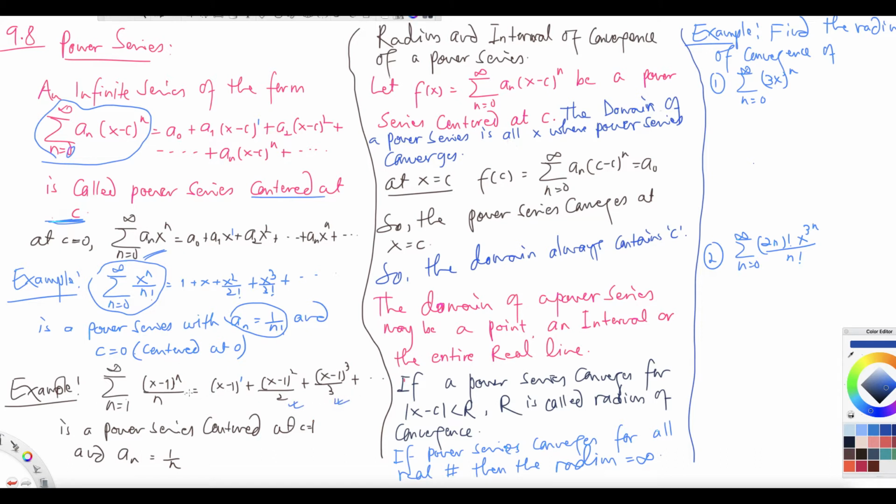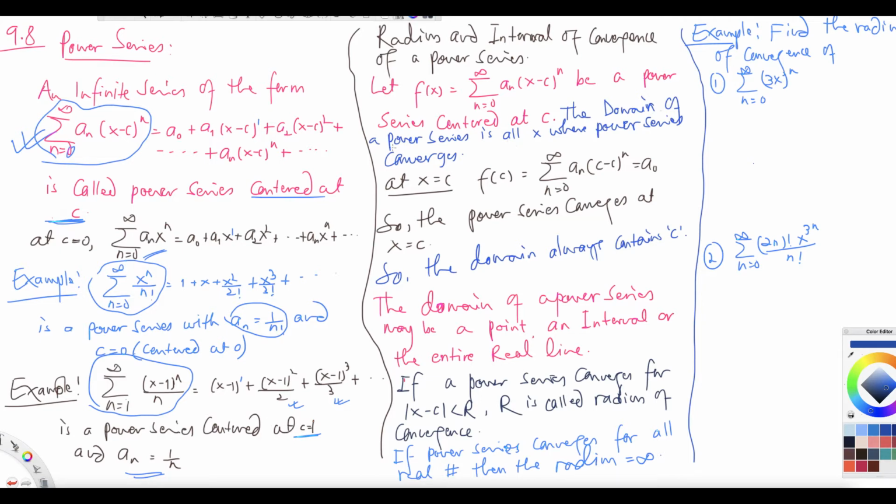Okay, so this is a power series centered at c equals 1, because if you compare this with the general power series formula, instead of (x minus c) to the n, you have (x minus 1) to the n. Instead of a sub n, you have 1 over n, right? So a sub n is 1 over n, and it is centered at c equals 1. So this is how we find out what a sub n is, and what the value of c is, the center of the power series.